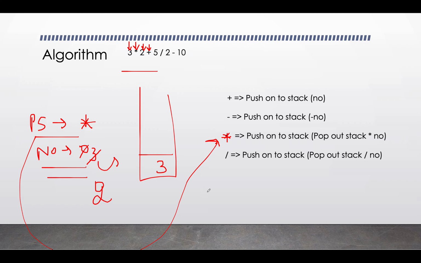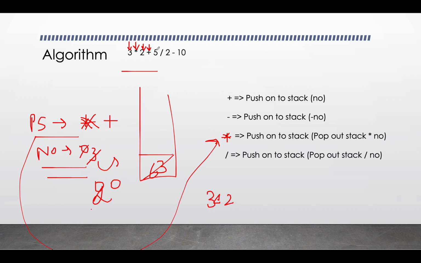You pop 3 out, 3 into 2 gives us 6, and you push it onto the stack. So this gets replaced by 6. Then you do the reset part: the number 2 gets replaced by 0, and the sign gets replaced by plus.